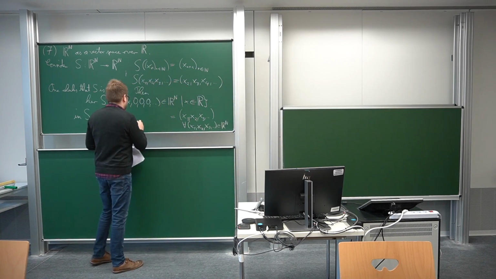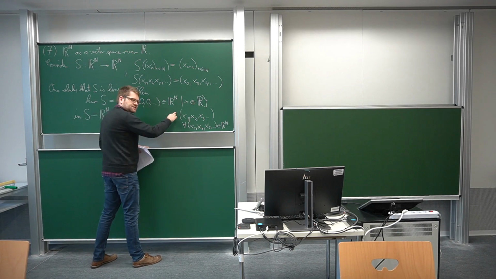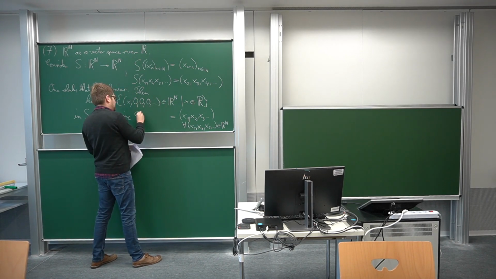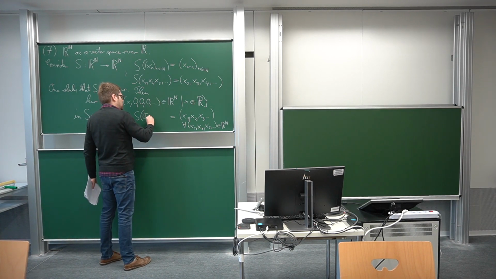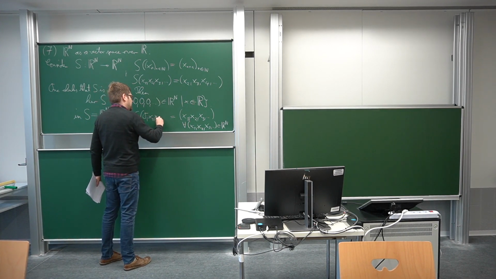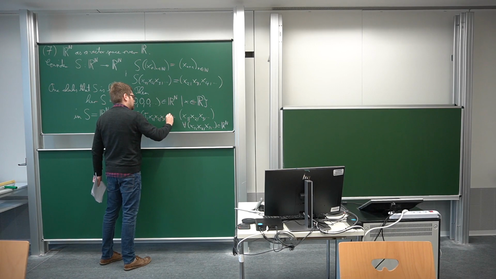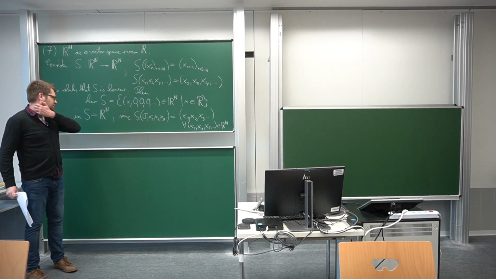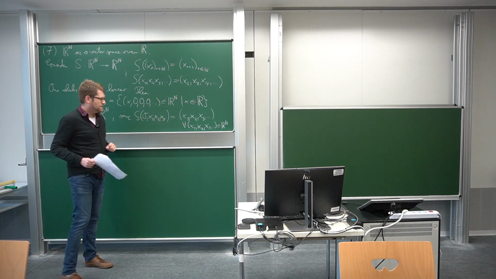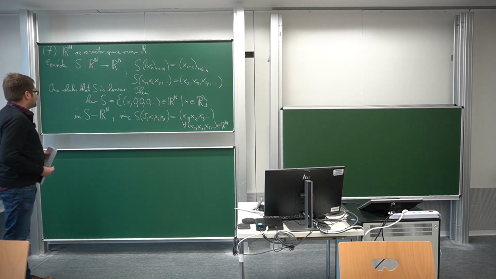What sequence can we choose to get this as a result of our shift? Well, the first component can just be anything. So let's, for example, take the sequence 0, x1, x2, x3, and so on. S applied to this sequence gives the given one. So for every sequence, we can find something as a pre-image. So the image is everything.